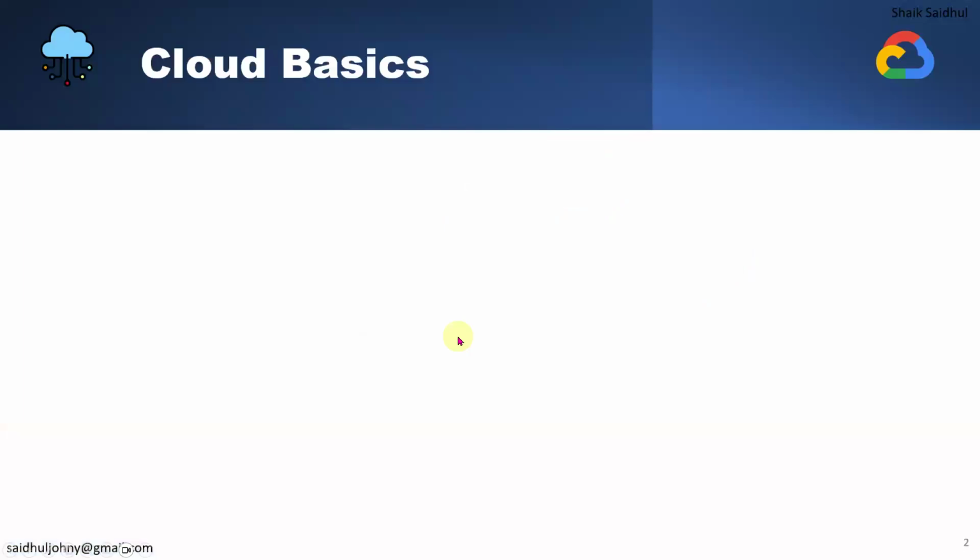Now, let me talk about what we are going to see. We are going to start with the cloud basics. The very first topic is cloud overview. We are going to understand why we need the cloud platform and what is the difference between the on-premises versus cloud platform. Right. So this is the actual topic that we are going to see.